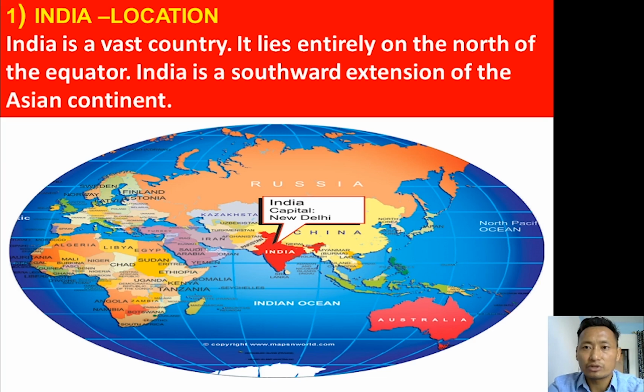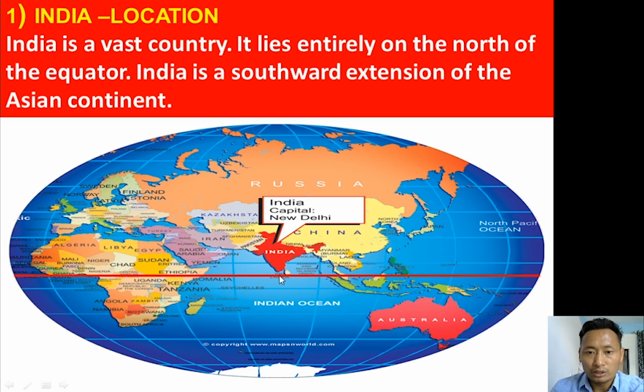It lies entirely on the north of the equator. So this is the globe or the map of our earth. Here, this particular red line indicates the equator. The degree of this equator is 0 degree.